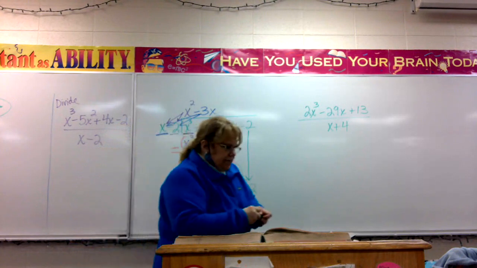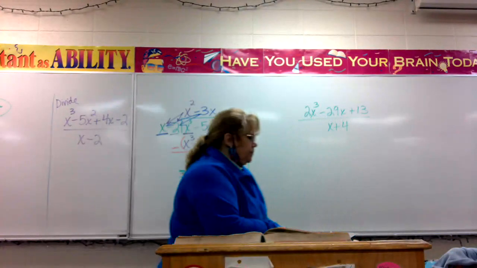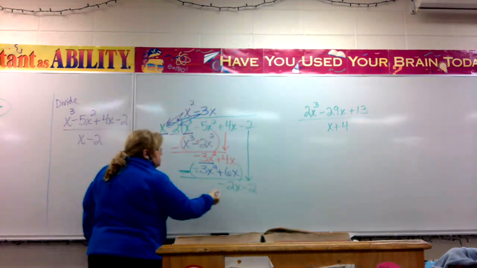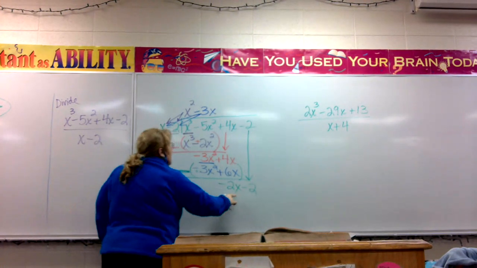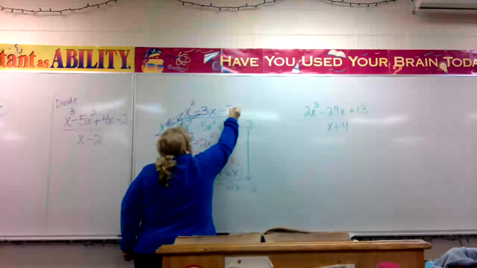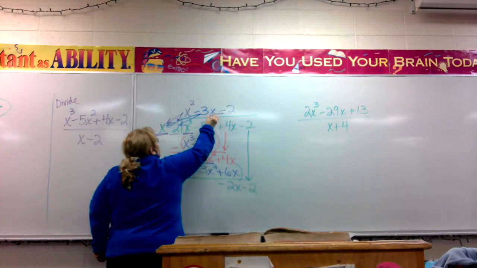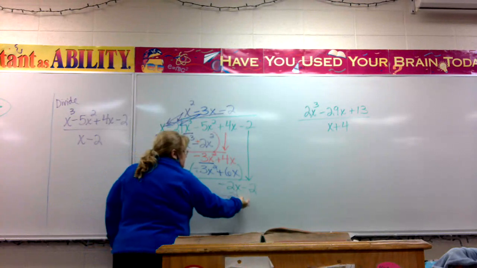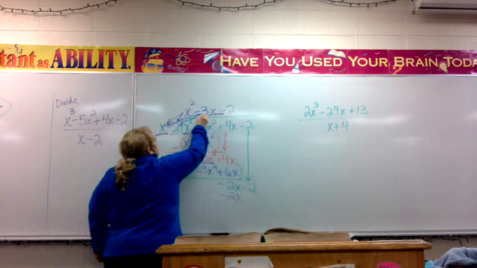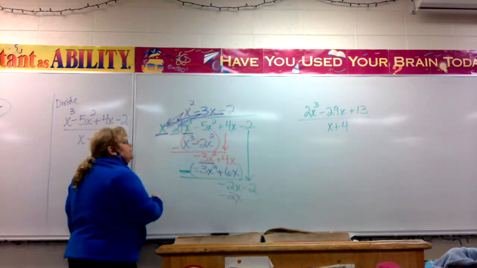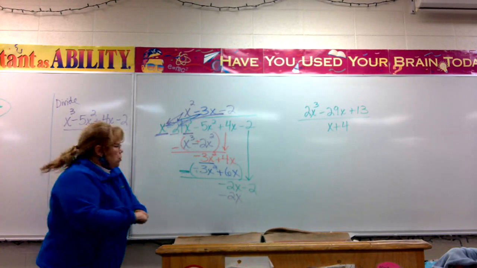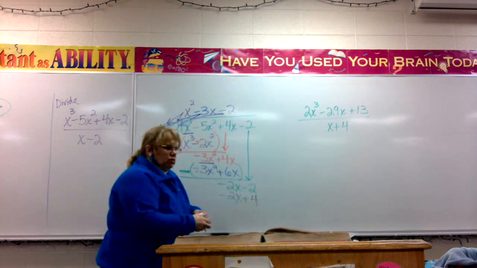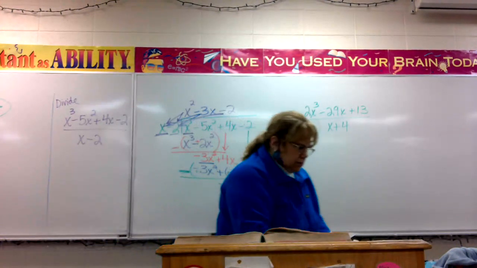Now what? What times x gives me negative 2x? What's negative 2 times x? What's negative 2 times negative 2? Positive 4. And what will I do now?